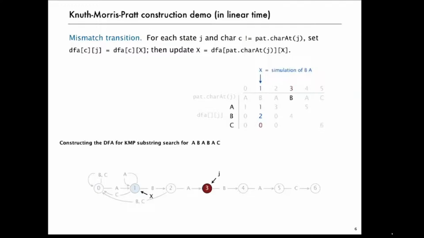Now you can see how simple the algorithm is once it gets going. So now the mismatch transitions are A and C. That's what we have to fill in for column 3. That's where X would go.